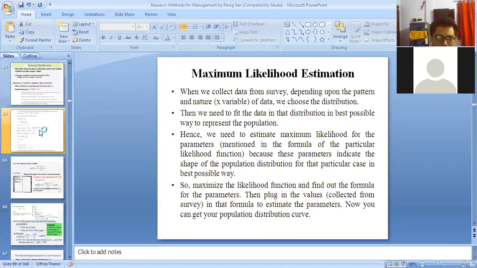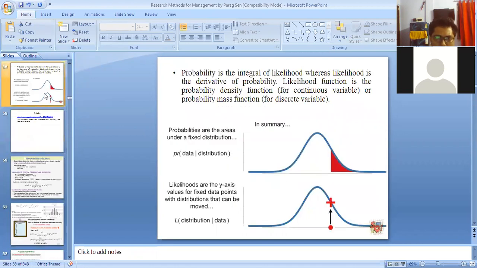I have previously told you that this is an example of a continuous distribution, not a discrete distribution. The likelihood in this case is given by the y-axis value, or the probability density for a particular outcome.